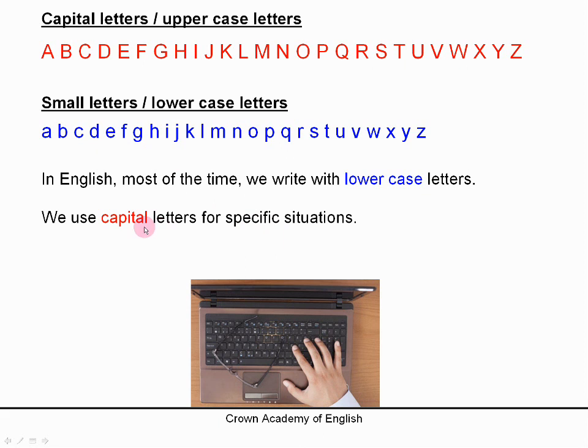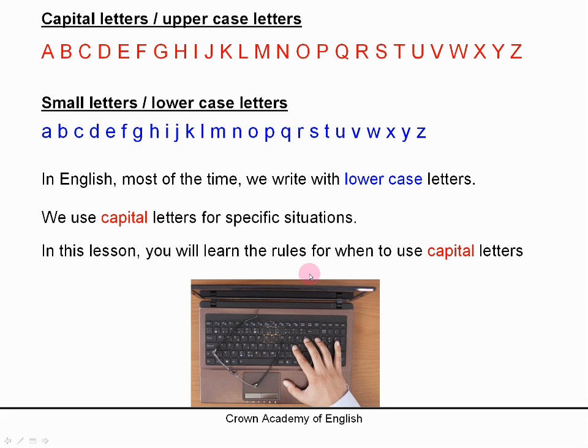And we do that when a word is very important, so that we see it more easily. But in this lesson, you will learn most of the rules for when to use capital letters. There are lots of rules, lots of exceptions, and in this lesson you will learn the most common ones. So let's start.